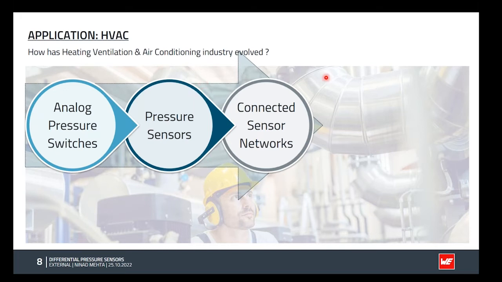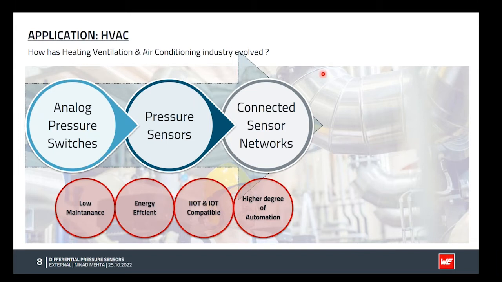And now more and more connected sensor networks are being employed. There is more than one sensor inside, for example a temperature sensor, humidity sensor, gas sensor, and also pressure sensors. All these sensors are connected to a host controller, and they should give a digital output as well.